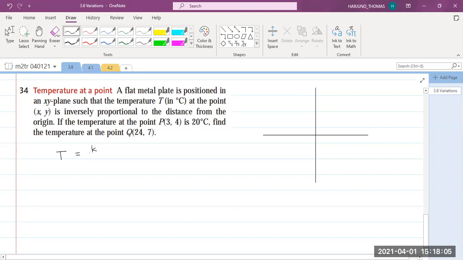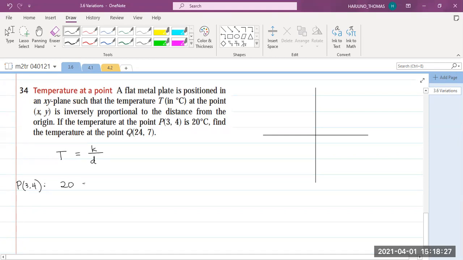Now, they know that the temperature at point (3,4) is 20.